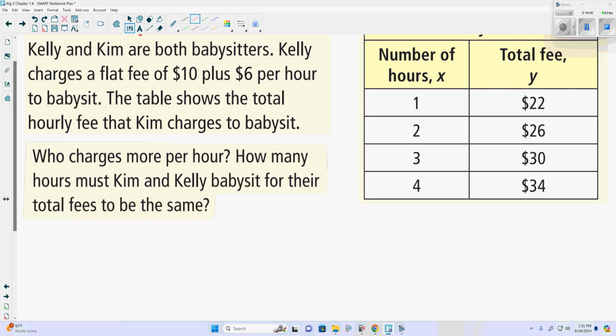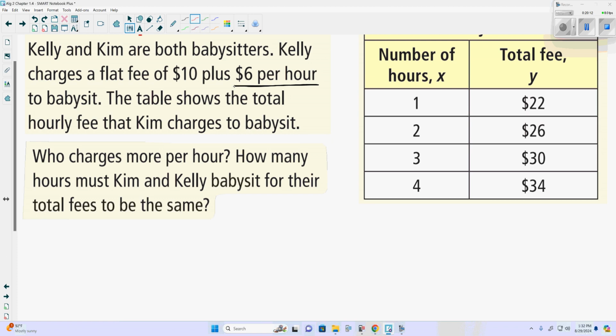Kim and Kelly are both babysitters. Kelly charges a flat fee of $10 plus $6 per hour to babysit. The table shows the total hourly fee that Kim charges to babysit. Who charges more per hour, and how many hours must they work for the cost to be the same? Those are the two things we want to know. Now, Kelly, they gave us everything we need. $6 per hour is our slope.